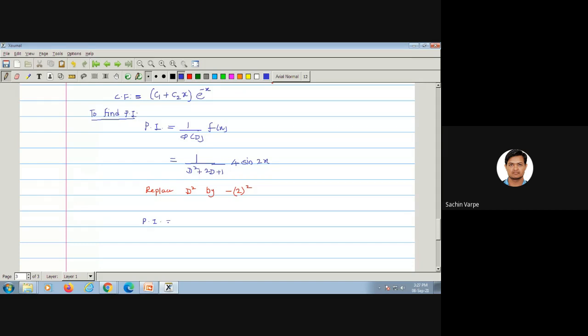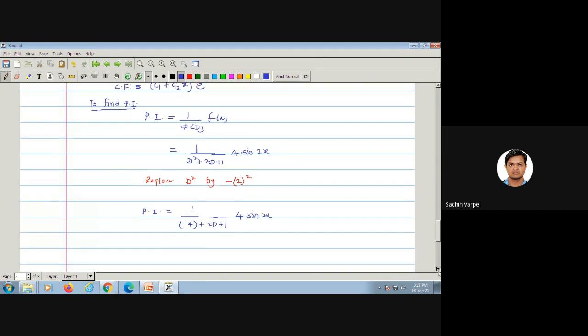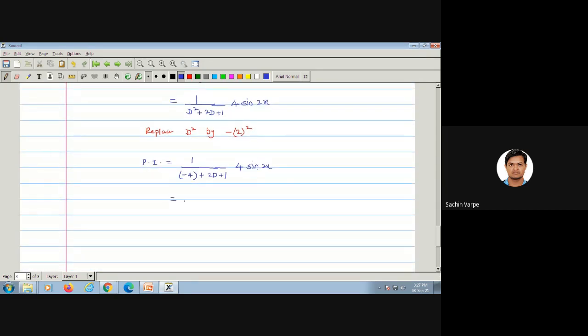Therefore PI equals 1 upon minus 4 plus 2D plus 1 times 4 sine 2x. That is equal to 1 upon 2D minus 3, 4 sine 2x. Again, D is there. We need D square for the replacement, so we do rationalization.